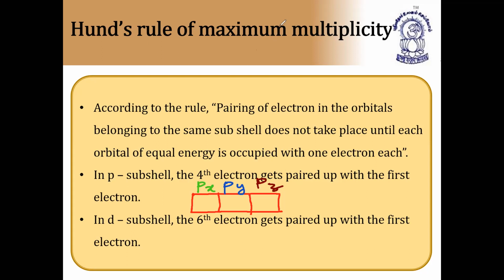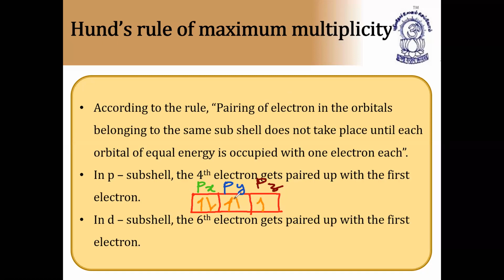So the first electron will go in px with an upward arrow, the second electron will go to py, and the third electron will occupy pz. Next, the fourth electron will start pairing.